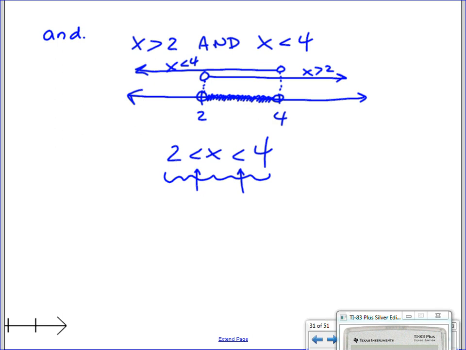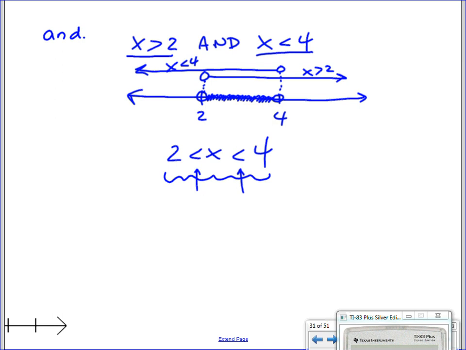In other words, if you were just confronted with 2 is less than x is less than 4, then you would know that that would be 2 is less than x and x is less than 4, that is, x is greater than 2 and x is less than 4. And in fact, many times that would be the way you would solve them.